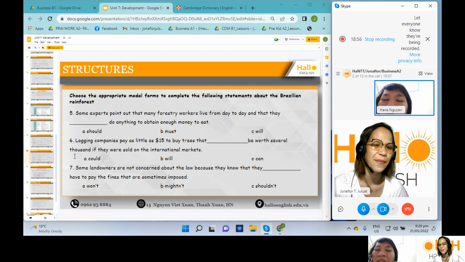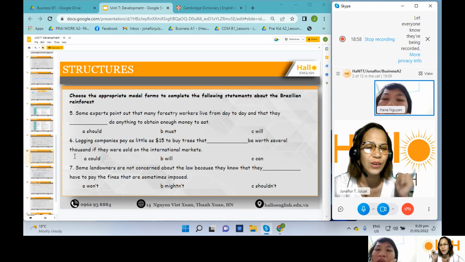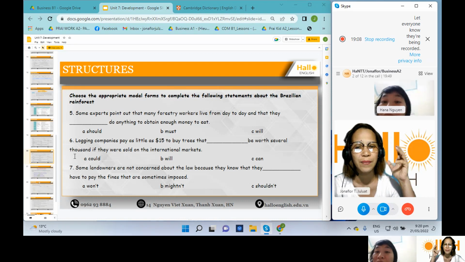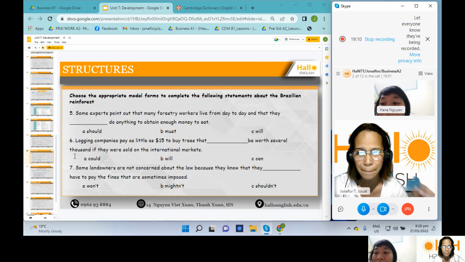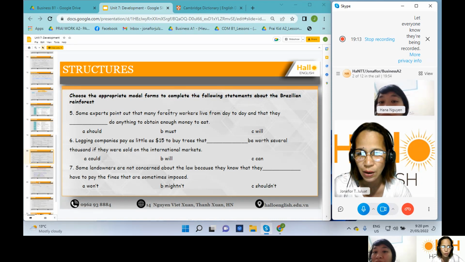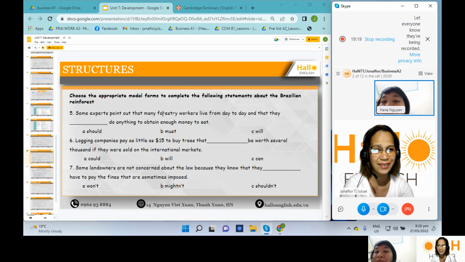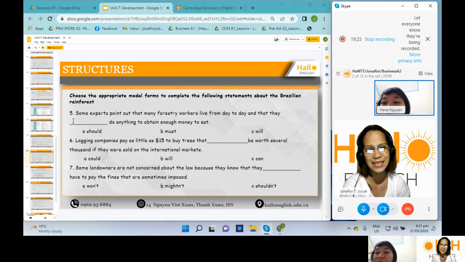So you think must is a strong obligation. For you, must is a strong obligation that in order for the forestry workers to live, they must do anything, right? Okay, that's correct. So number six.